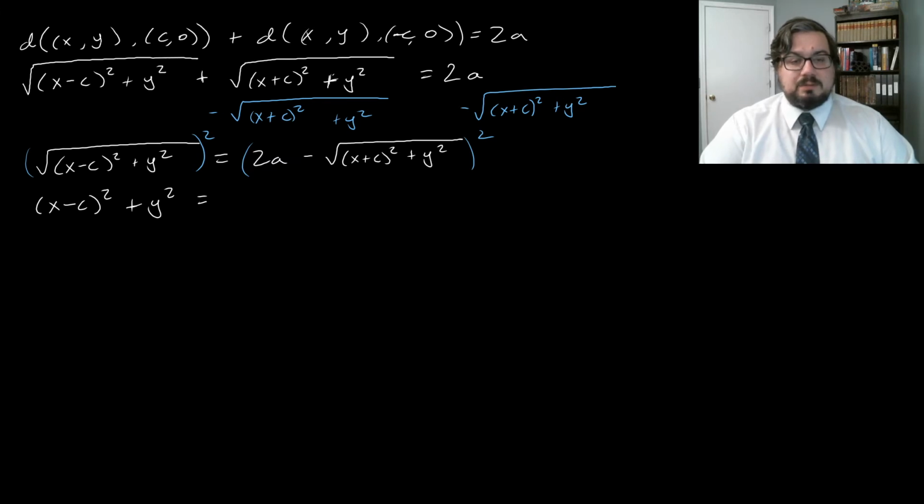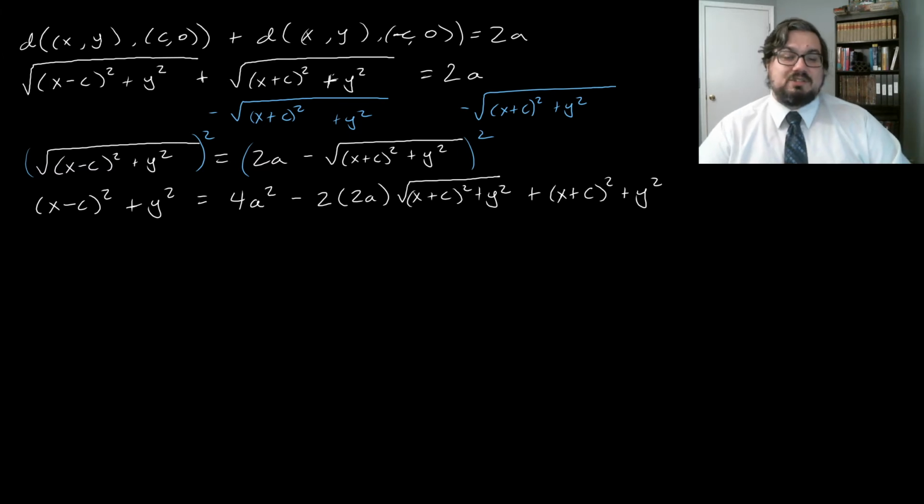So when we do that, we'll get the square of the first term, which is 4a squared, then minus 2 times 2a times the square root of (x plus c) squared plus y squared, and then plus the square of the last term, and that will cancel out the square root, and so we'll be left with (x plus c) squared plus y squared.